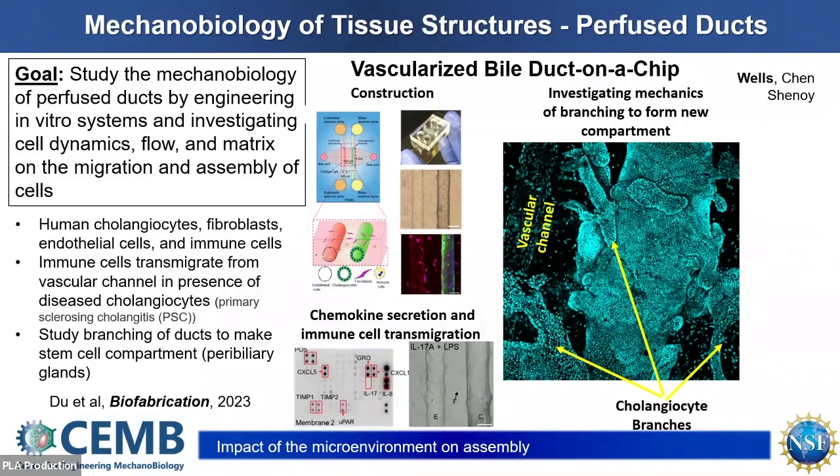So again, Becky and Chris looked at, then let's create a vascularized bile duct on a chip. And so in this case, some of the advances here was one using disease cholangiocytes, so patients who've had some biliary disease, and now incorporating fibroblasts in this intervening layer between the blood vessel and the bile duct vessel.